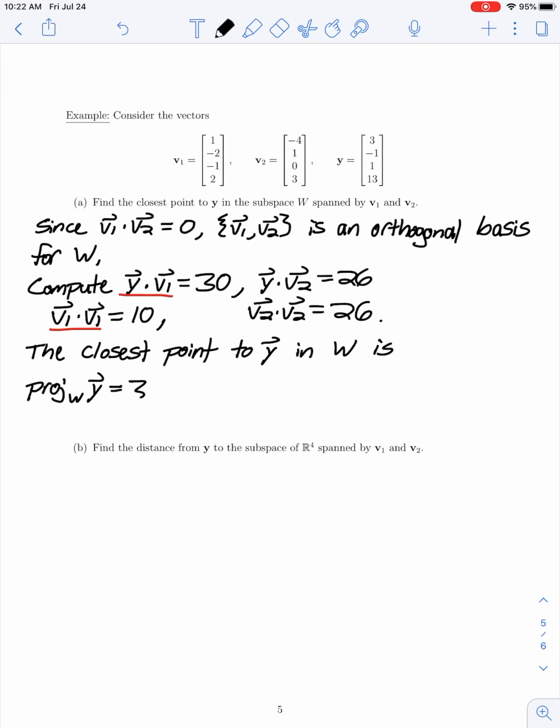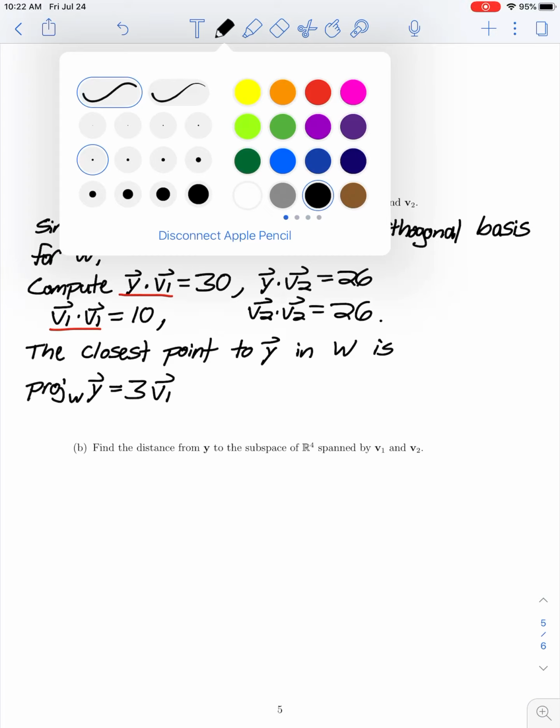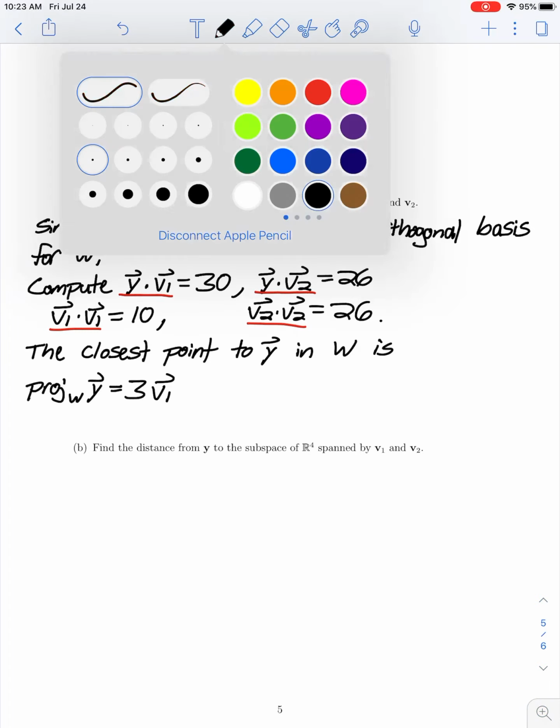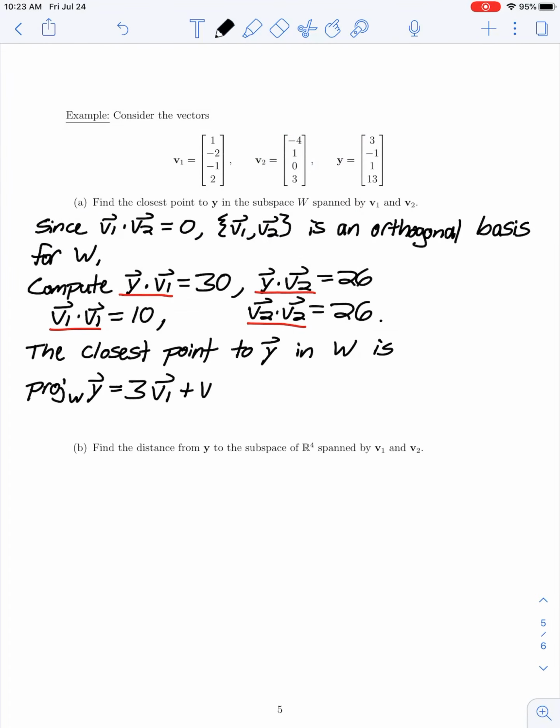So 30 over 10 gives us 3 for the weight of v1. And our second weight would be the ratio 26 over 26, which is 1, times v2.